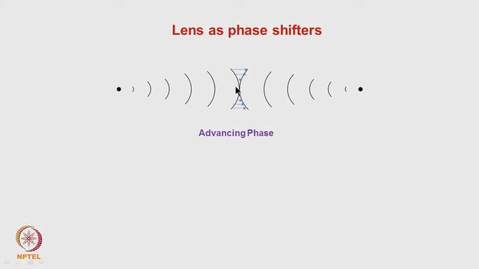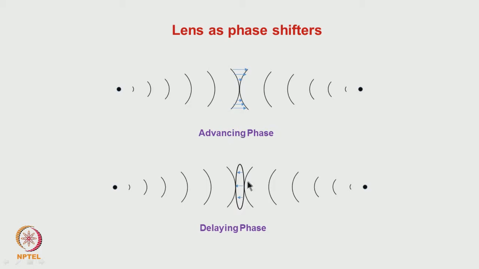What does the lens do? The lens essentially gives a phase shift, so that the wavefront has been changed to this particular shape, and when it propagates in this direction, it will come back to a focus at a particular point, which is the image point. So here it is only the phase shift doing it, which varies as we go away from the optic axis.